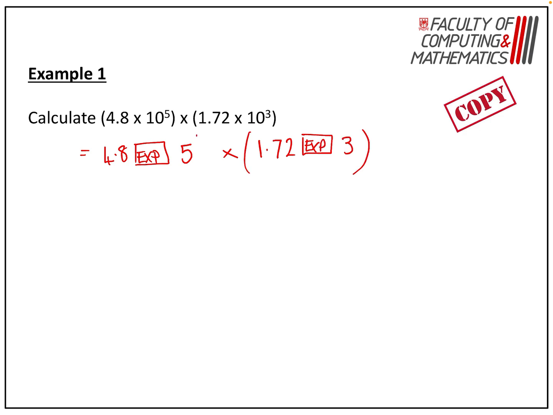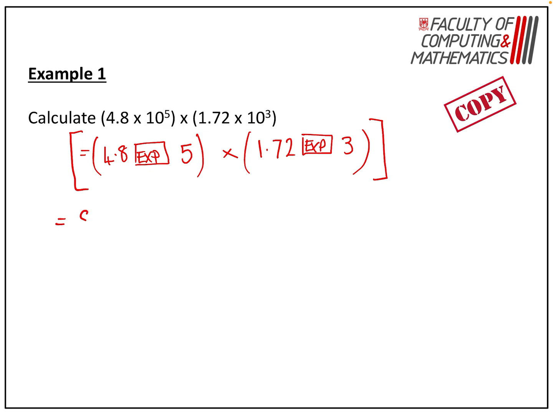And you may want to put those in brackets. It depends on your calculator. And this is why I'm encouraging you to get to know your calculator. Okay, so this section doesn't need to be written down, but just so that you know what I'm typing just now: 4.8 EXP 5 multiplied by 1.72 EXP 3, and I get a big long number.